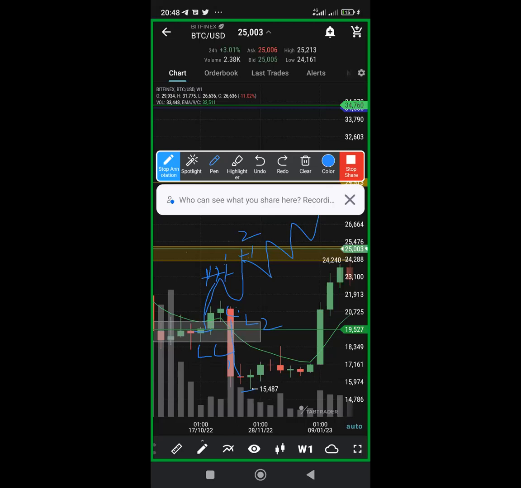The next thing you do is to find a supporting candle and then enter your trade from here. That is how to get into the market quickly, and then you are able to enjoy the rest of the pump. That is what traders do.